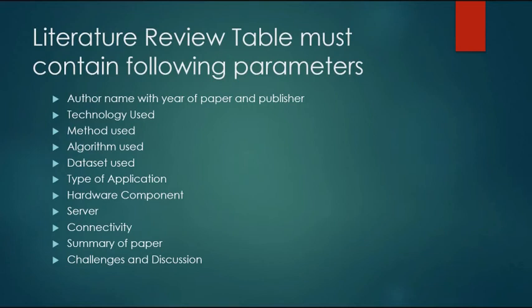Then the summary of the project. Summary means what they actually did in their work, and you have to highlight it in 2 to 3 lines. And finally, the challenges and the discussion. This is very important, because from the paper you read, you identify a challenge that the author might have faced.